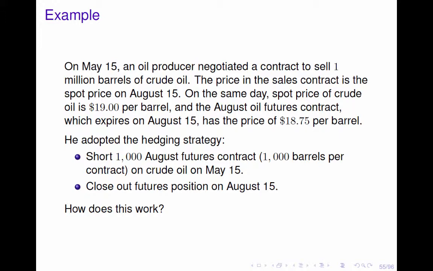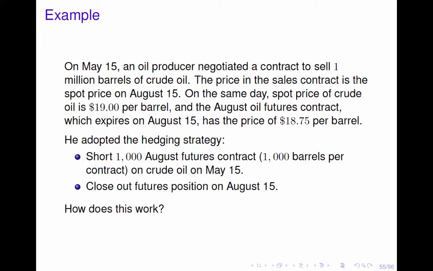He adopted the following hedging strategy. Short 1,000 August futures contract on crude oil on May the 15th, and then close out the futures position on August the 15th. Note that the contract size is 1,000 barrels.